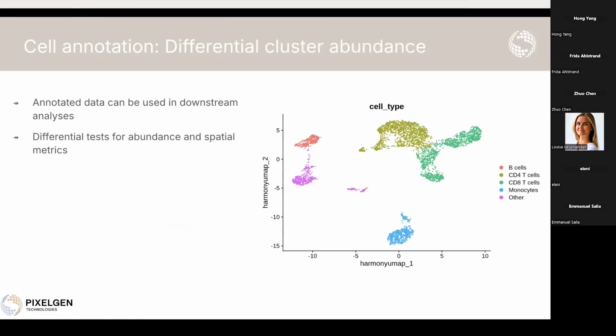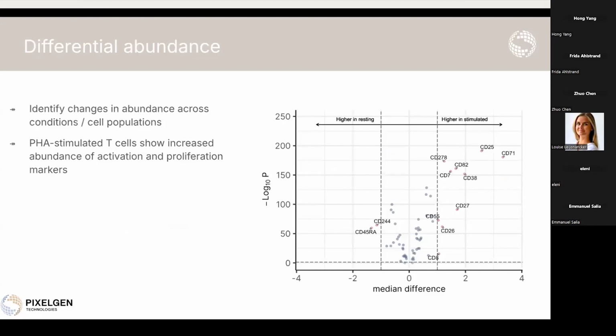After the data has been annotated and clustered, we can dive into doing all the differential analysis. Usually the first analysis that we do is abundance. In this example that I'm showing here, we are comparing a differential abundance analysis between resting and PHA-stimulated T cells.